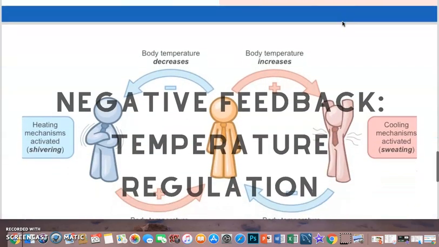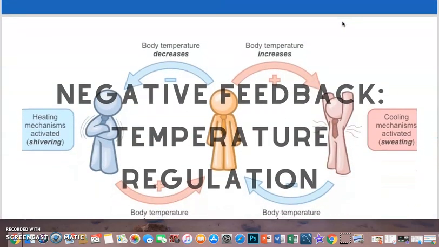So this is just an example of negative feedback for the temperature regulation. So the body temperature increases. The thermoreceptors transfer that information to the control center, which is the hypothalamus, which tells the effector organs, hey, you need to sweat so that we can be less hot, which will bring us back to our set point.